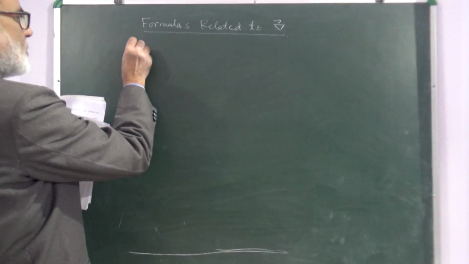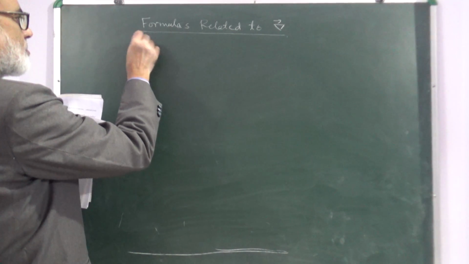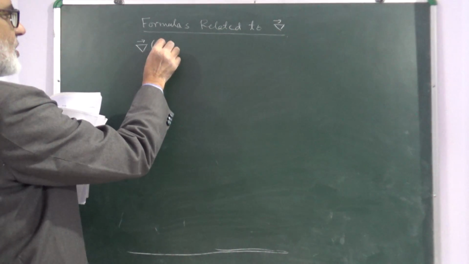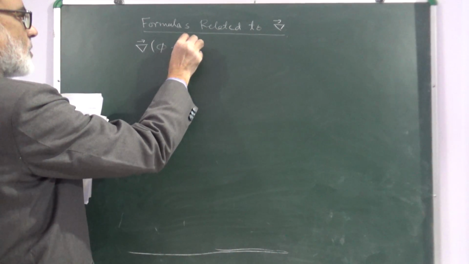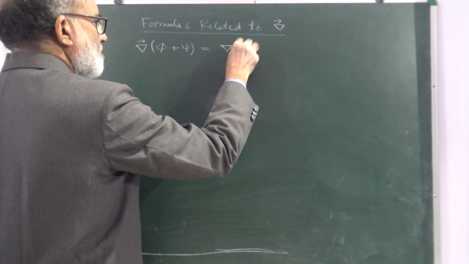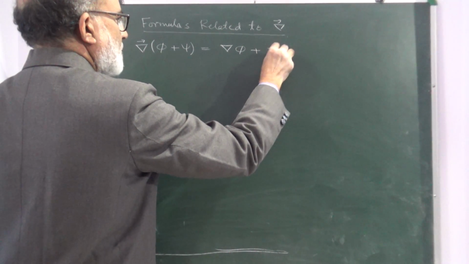So if this del operator acts on the sum of two scalar fields, this will be equal to gradient of phi plus gradient of psi.